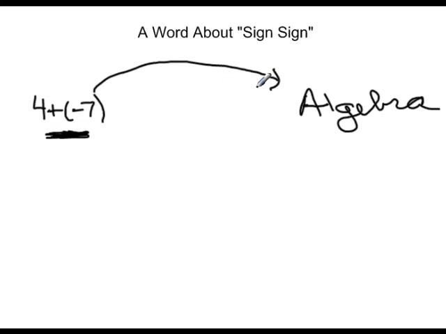Okay? So we want to be able to rewrite this expression in a way that does not have these two symbols in a row. That's what we're going to take a look at doing. Again, it's not incorrect or false to do it. It's just going to be a hindrance as you develop as an algebra writer and reader.